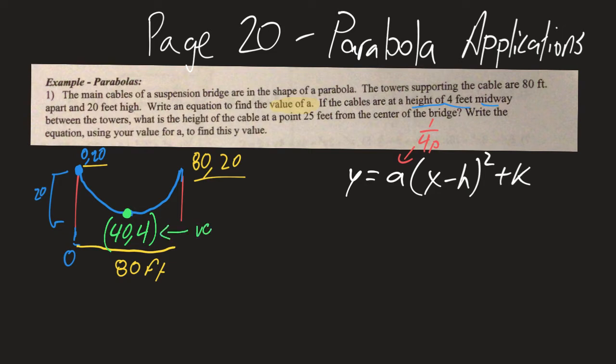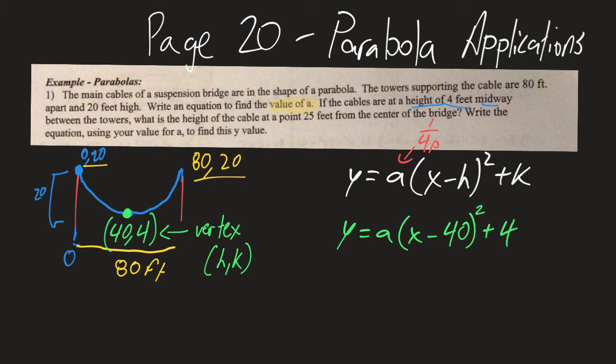This is going to be my vertex, which means I actually have my h and k value. Remember, your vertex is (h, k). So we can take those and plug them into our equation. Let's see what we get when we do that. So right now I've got y equals a(x minus 40) squared plus 4. And that is my current equation.